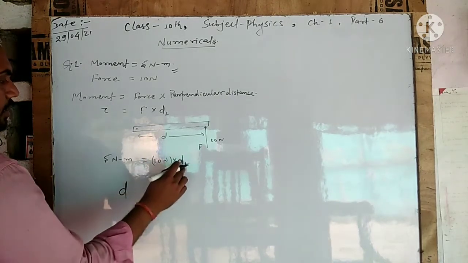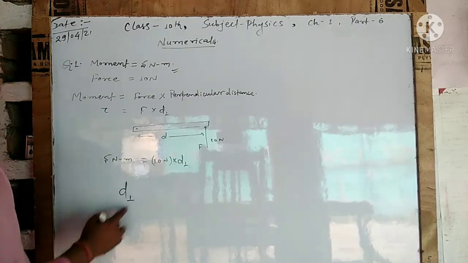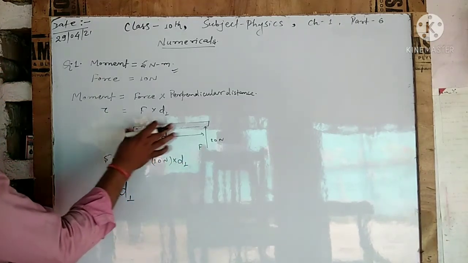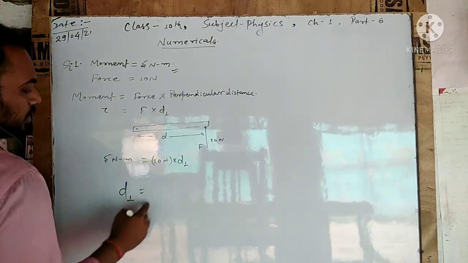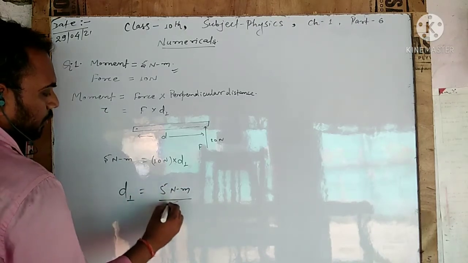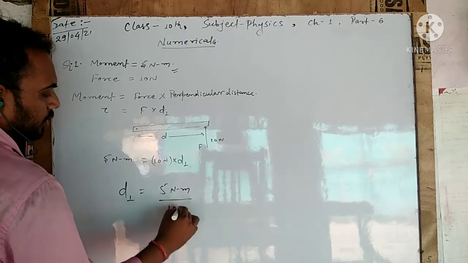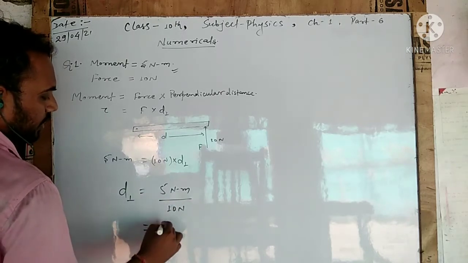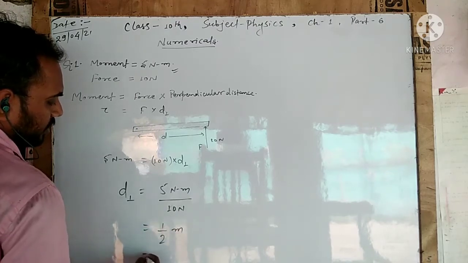Here this symbol I am giving is for perpendicular distance. Perpendicular distance means the distance and force are perpendicular to each other. That is 5 Newton meter upon 10 Newton, in which we will get 0.5 meter.